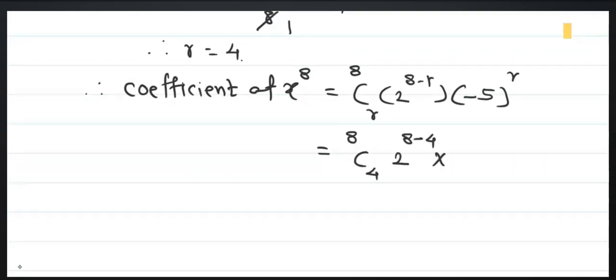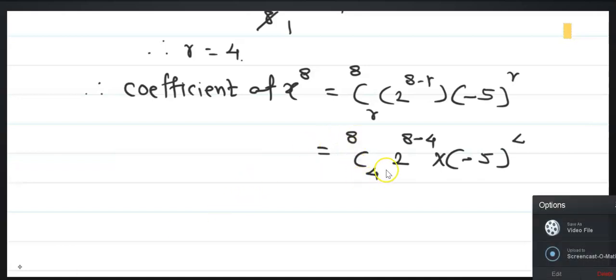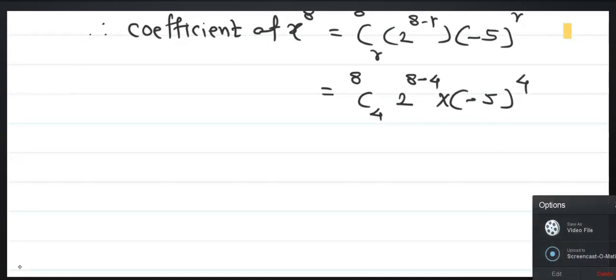That is, substitute the value of r is equals to 4. Therefore 8C4 2 raised to 8 minus 4 into (minus 5) bracket raised to 4. Now we will calculate their values.